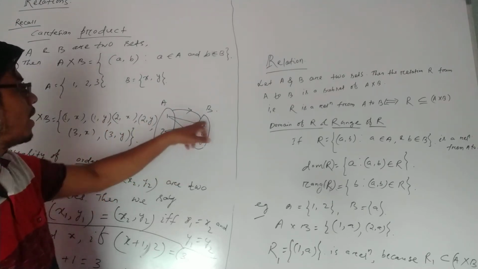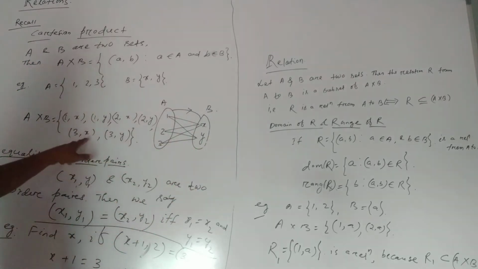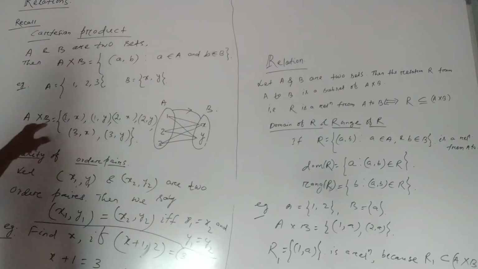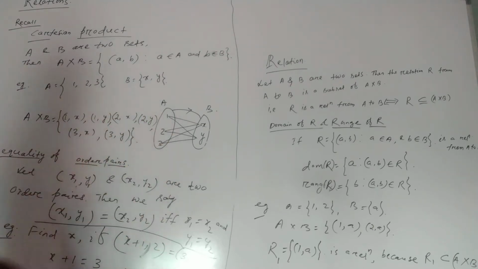And 3 is related to X and 3 is related to Y, the third pair of elements. Then A cross B is the collection of all ordered pairs.